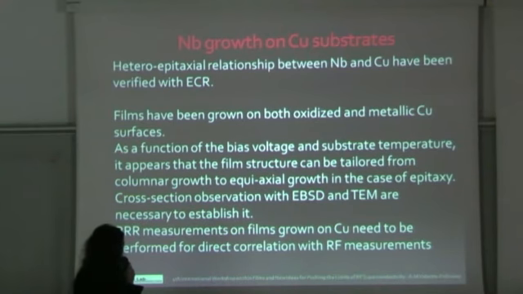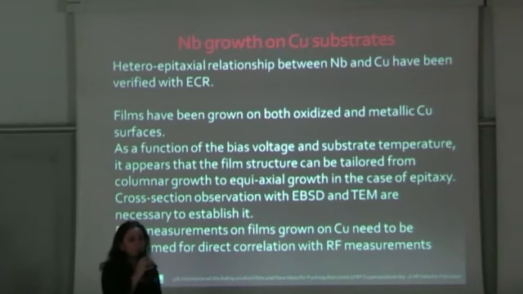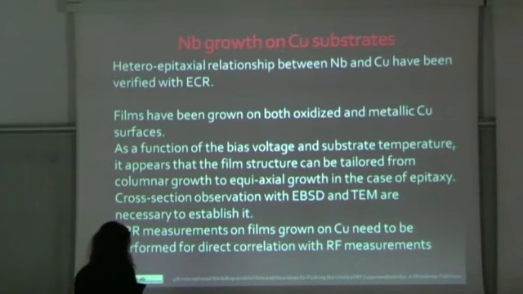And we have shown that as a function of the bias voltage, as well as the baking, preheating temperature, and coating temperature, we can tailor the structure of the film from columnar growth to equiaxial growth, going through also abnormal growth. Of course, we will only be able to verify that by doing cross-section with EBSD and looking at the underlying substrate as well as the cross-section of the film.